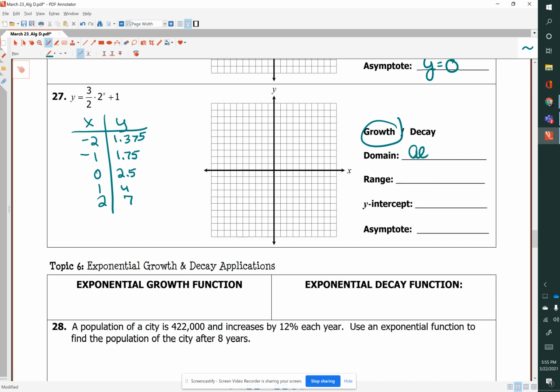The domain is all real numbers. I could have used our abbreviation. The word range, y is greater than 1. The y-intercept is 0, 2.5 on the y-axis. Our asymptote is y equals 1.